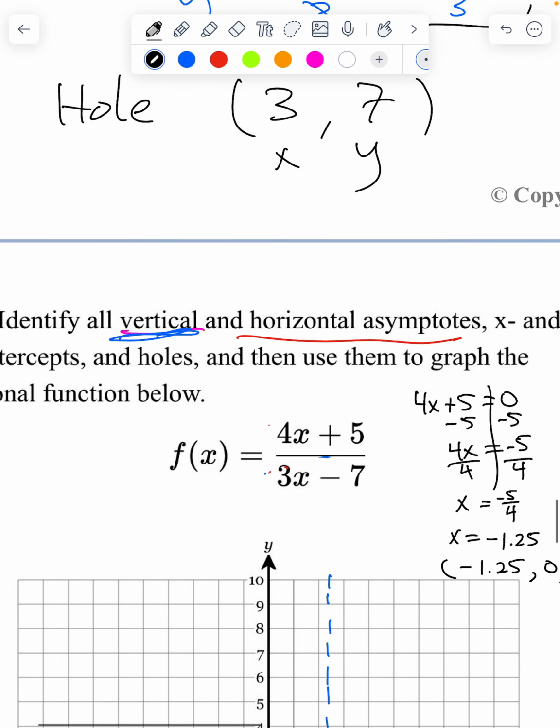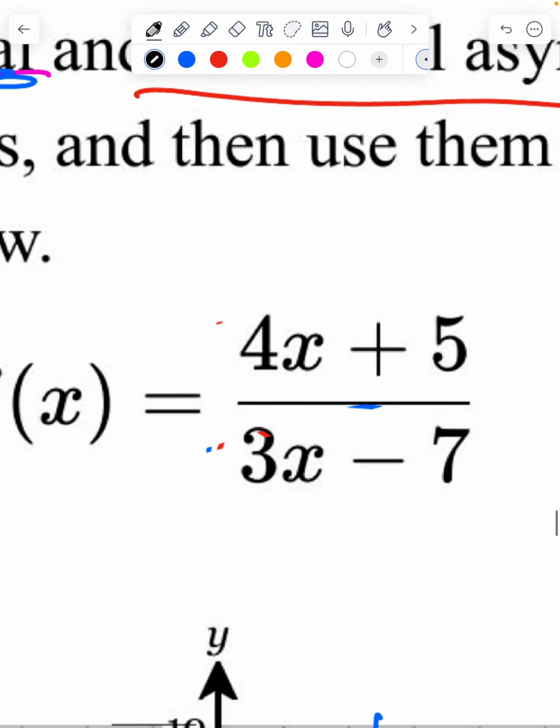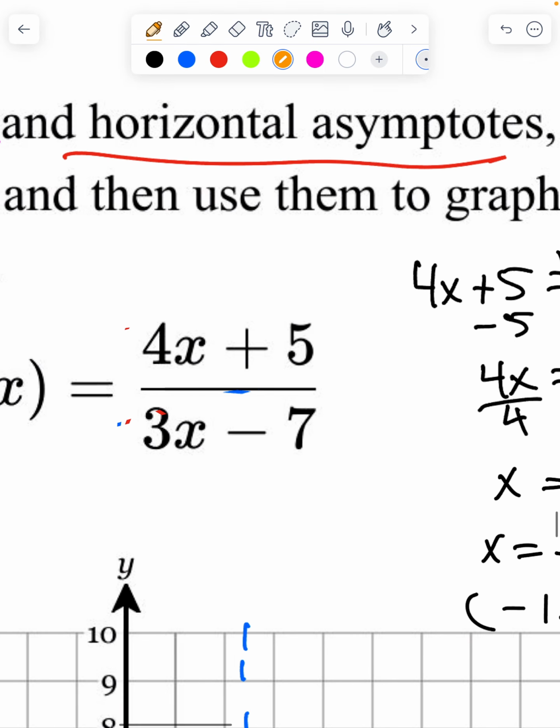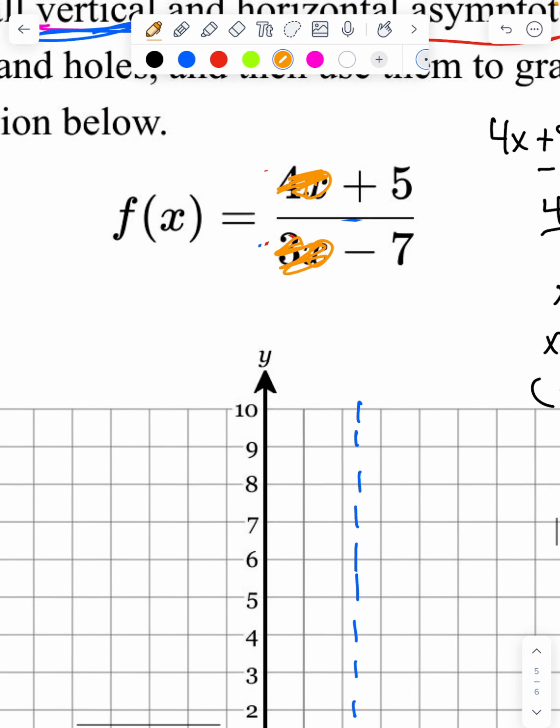And then the y-intercept is when I stick in 0 for x. So the y-intercept is when I put 0 in here and see what's left. So 4 times 0 is just 0. 3 times 0 is 0. So I'm just left with 5 over negative 7.